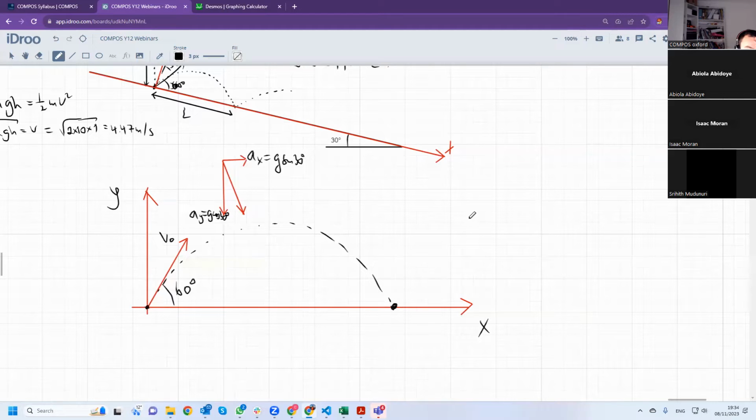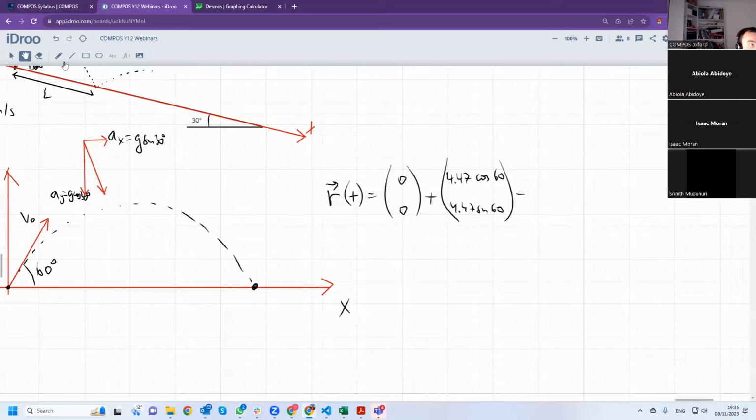So you have the position of the mass with respect to time is the initial position, which is 0, 0, plus the initial velocity, which is 4.47 cos 60, 4.47 sine 60, minus 1/2 t squared multiplied by g sine 30, g cos 30.